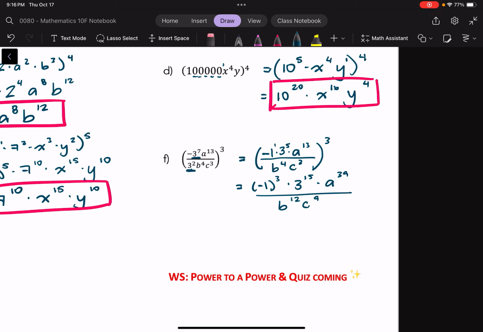Now, of course, I am not leaving my negative 1 cubed as is. I'm going to evaluate it. I know I have an odd exponent, which will end up with a negative result. So I'm just going to write negative 3 to the 15, a to the 39, over b to the power of 12, c to the power of 9.